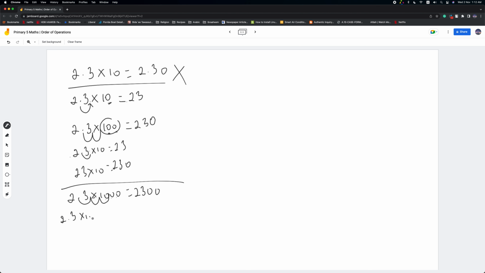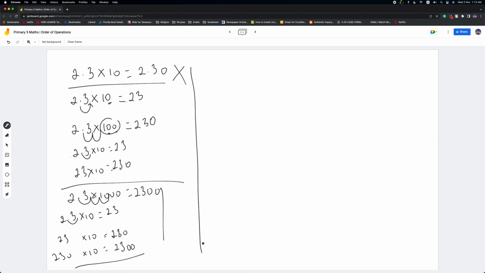So you times 10 first, and then times another 10. Times another 10. There should be 3. So this is 2.3 times 10. You just need to shift once, so it's 23. And then you can put here 23 times 10, which is 230. And then 230 times another 10, 2,300. So it depends on what you think is easier for you to work with.